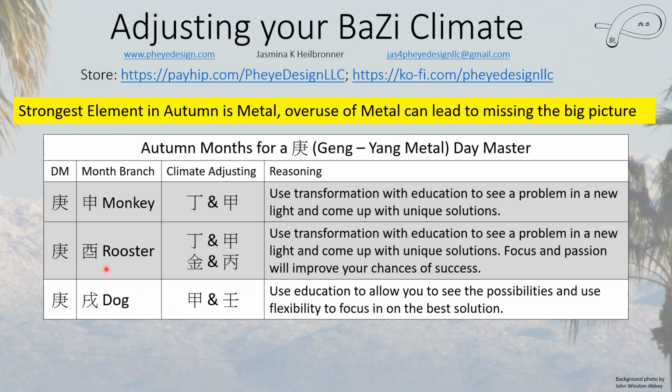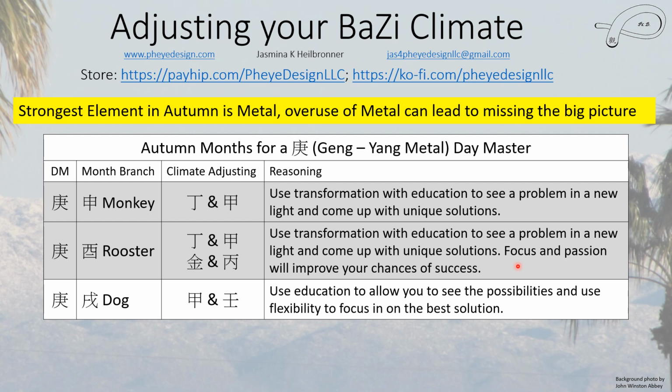For the gung metal, born in the month of the rooster, you basically do the same thing as you do for the monkey, but you do need to add some stuff. You need to add a little more focus, because this might still be an issue because it's getting cold enough, and metal does need some heat to function.